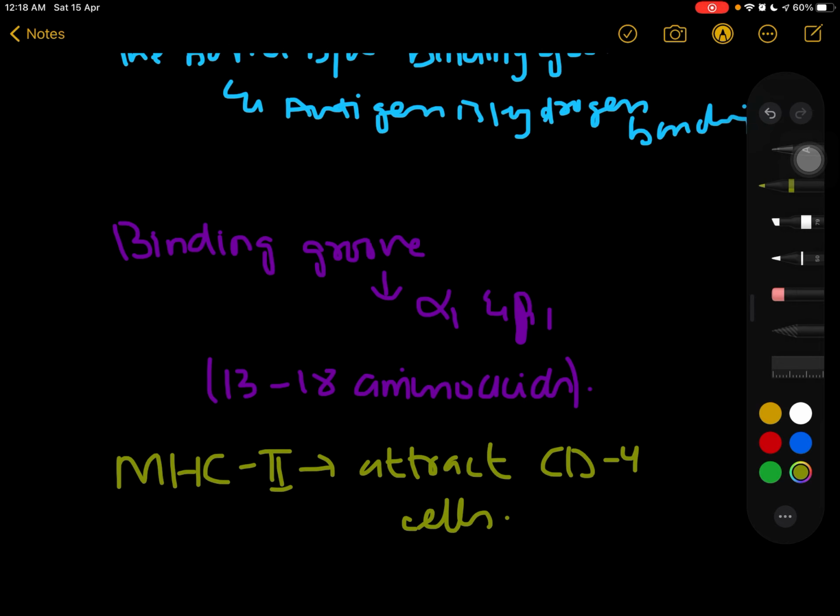We have T helper cells, right? It basically attracts T helper cells, and along with the CD4 co-receptor, the TCR, the T cell receptor, will also come with it.